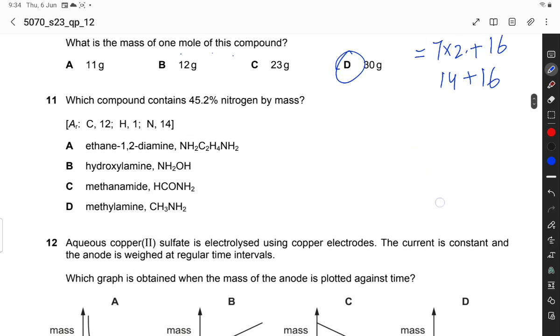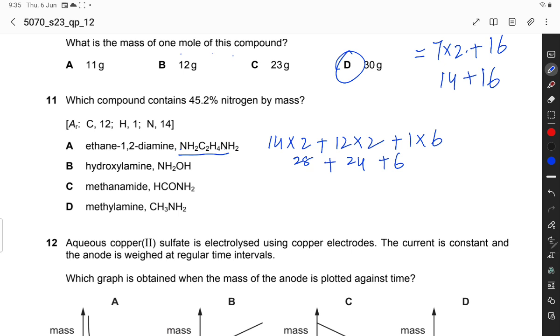Question number 11. Which compound contains 45.2% nitrogen by mass? So let's calculate the Mr of this compound. Nitrogen 2, 14 into 2, carbon 2, 12 into 2, and hydrogen 6, 1 into 6.